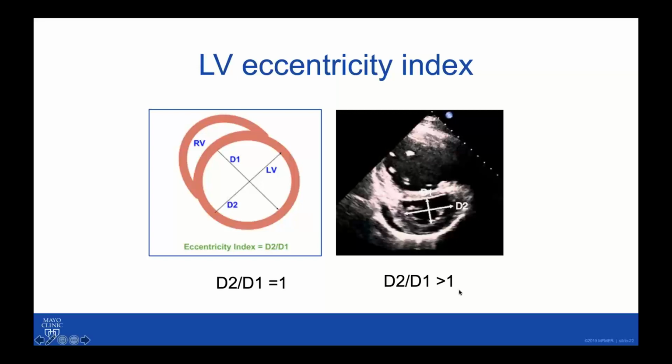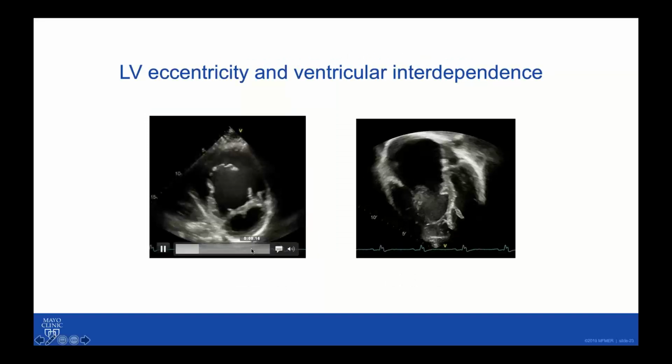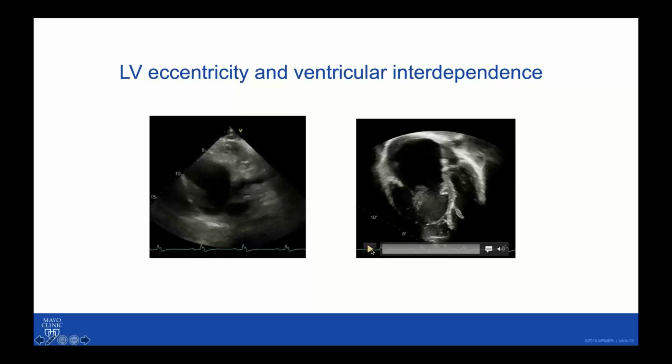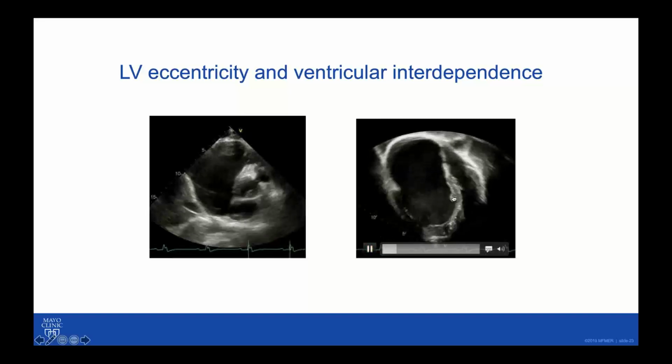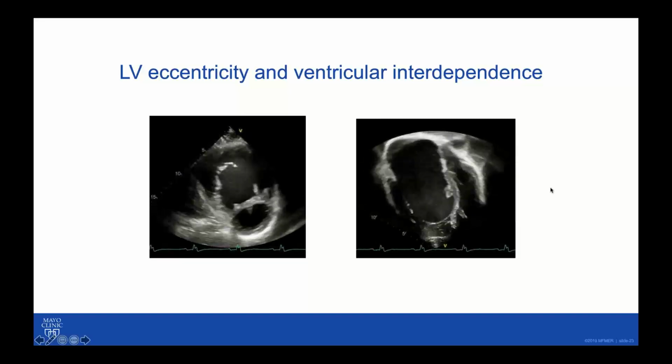The higher the number, the worse the ventricular interdependence and LV underfilling. And again, this is important in our patient, where you see that this dimension is going to be smaller, with the septum going to the left side.